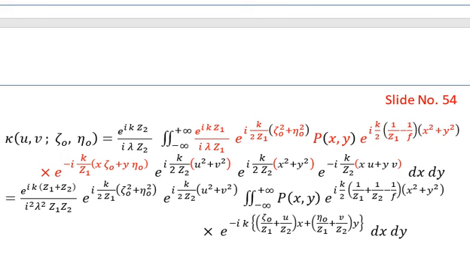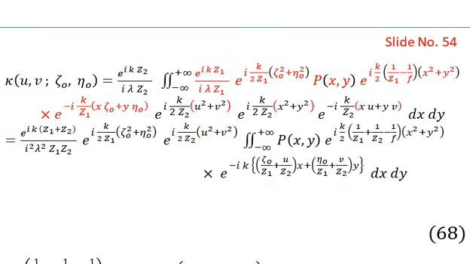Since x and y are the variables of the integral, this term is kept within the integral. The other terms which are not functions of x, y, we have taken outside the integral, as you can see in the second step of equation number 64. So here we have calculated the detailed expression of the kappa.